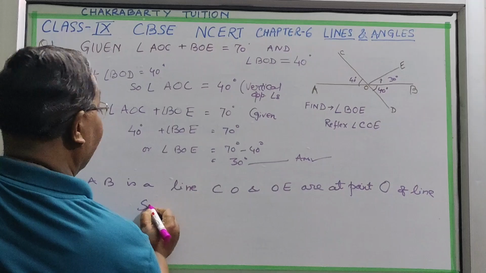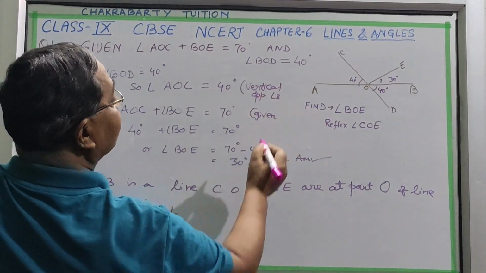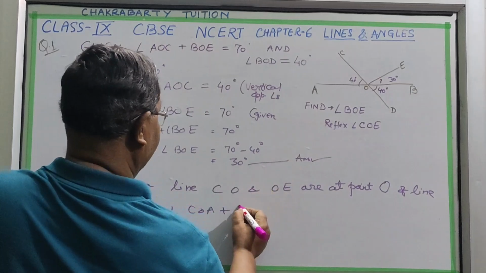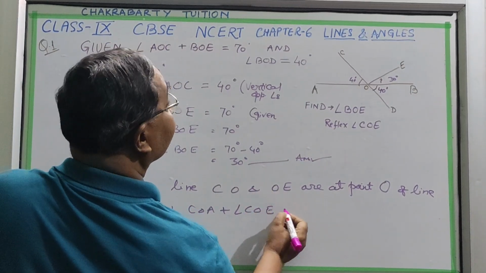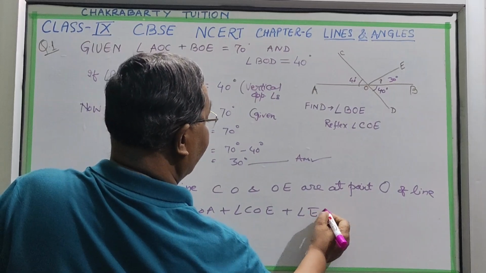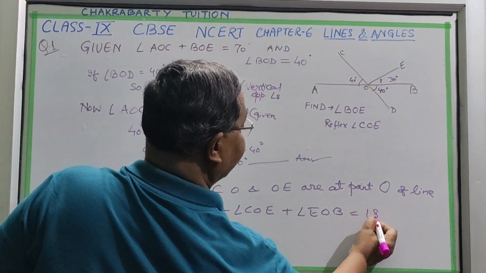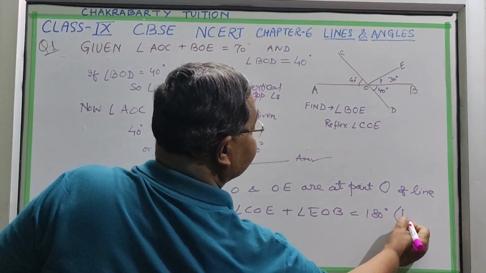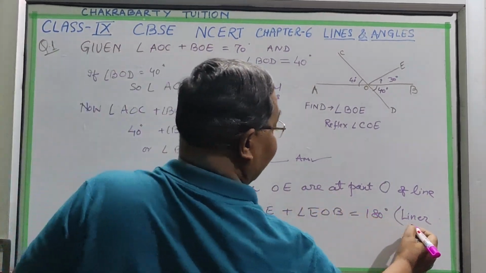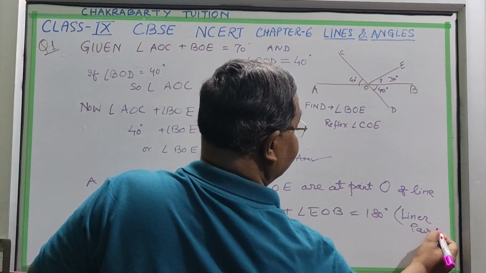So angle COA plus angle COE plus angle EOB will be 180 degrees. These angles are known as linear pair angles, because they are on one line.